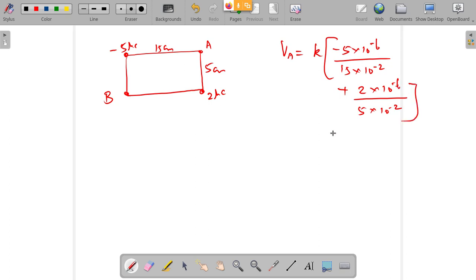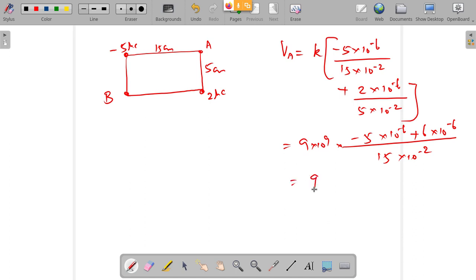Right? Now if you take LCM, 9 into 10 power 9 into 15 into 10 power minus 2, minus 5 into 10 power minus 6 plus 6 into 10 power minus 6. So this is minus 5 plus 6 is 1 by 15 only.